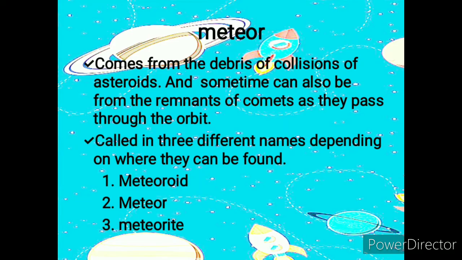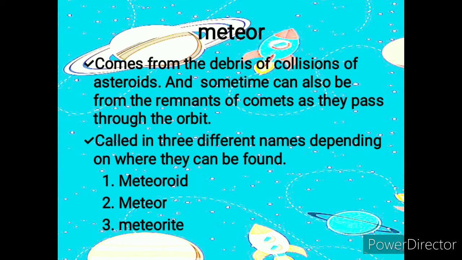We call it meteor once it reaches the Earth's atmosphere. Now it enters the atmosphere and starts to burn up. Once it's still outside, it's called meteoroid. Once it reaches the Earth's atmosphere, it's now called meteor.